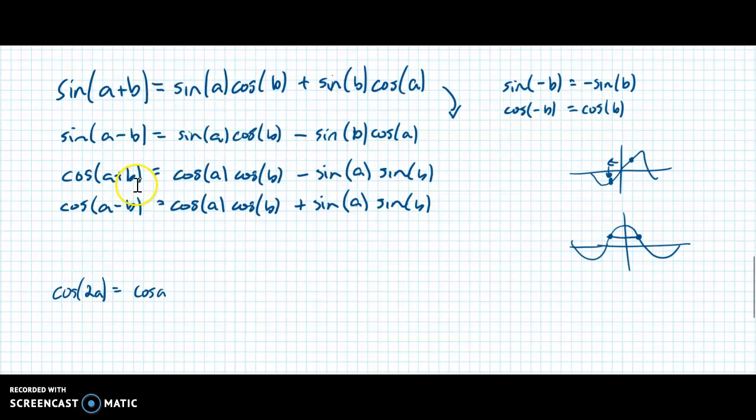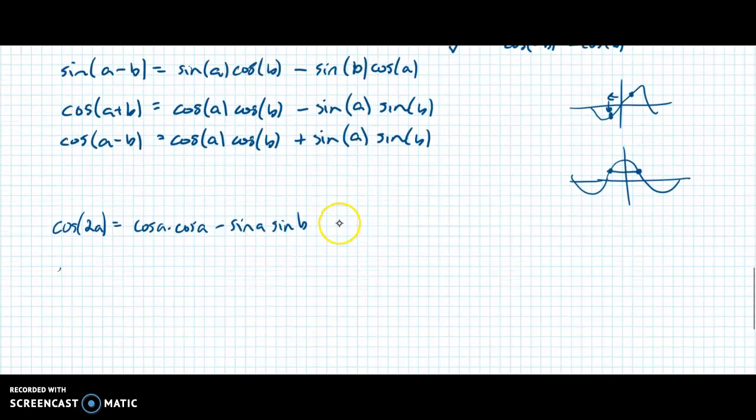I'm going to drop the parentheses. So that's this first one times another cosine. Remember this b right here, if I change it to an a, I get a. And then minus sine a, that doesn't change. So sine a, and then the sine b, I get a sine a.